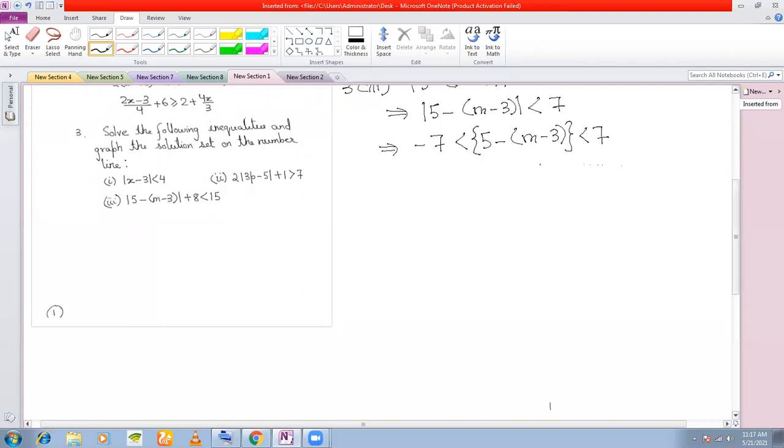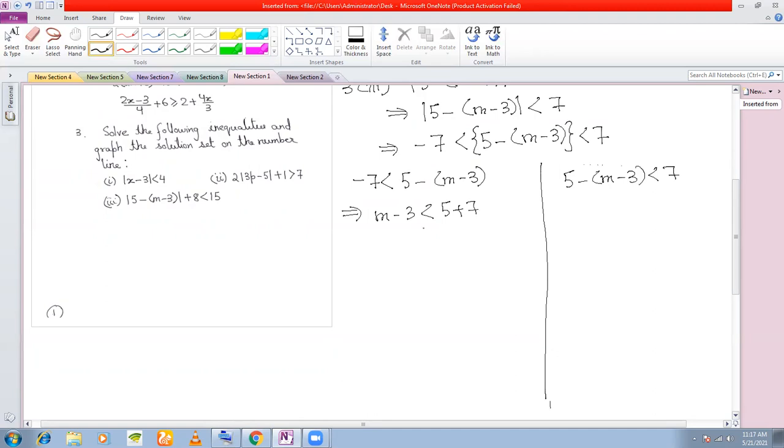Now we split this into 2 and we solve them individually. Minus 7 less than 5 minus m minus 3, and 5 minus m minus 3 less than 7. So you have m minus 3 less than 5 plus 7. That means m minus 3 is less than 12.